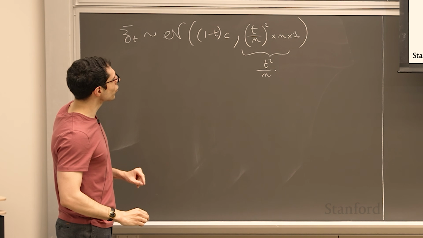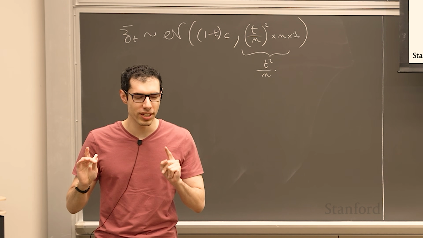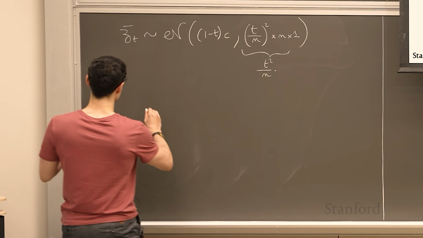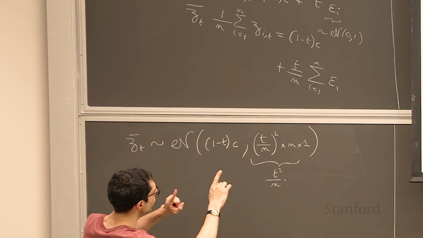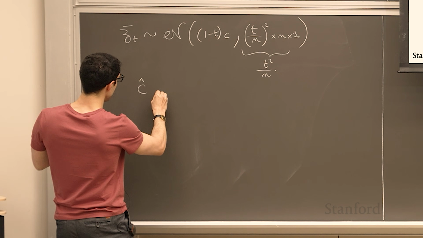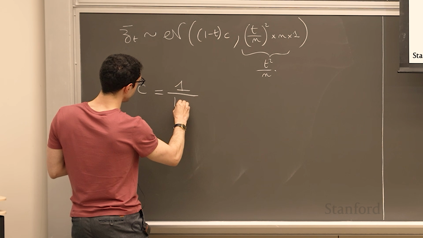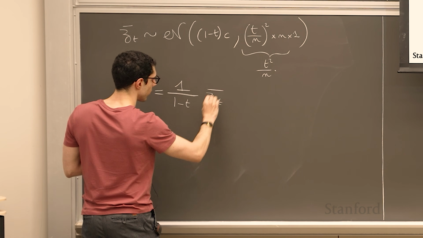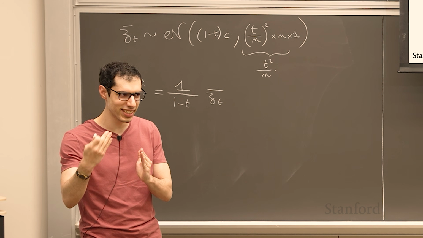OK, great. So why am I doing all of this? I just want to remind all of us that what we want is to estimate the uncertainty of c. So what is a good estimator for c? Here we see that z_t bar is equal to (1 - t) times c plus something where the mean is 0. So a good estimate of c could be 1 over (1 - t) times z_t bar. And what we want to quantify is the uncertainty in estimating c.